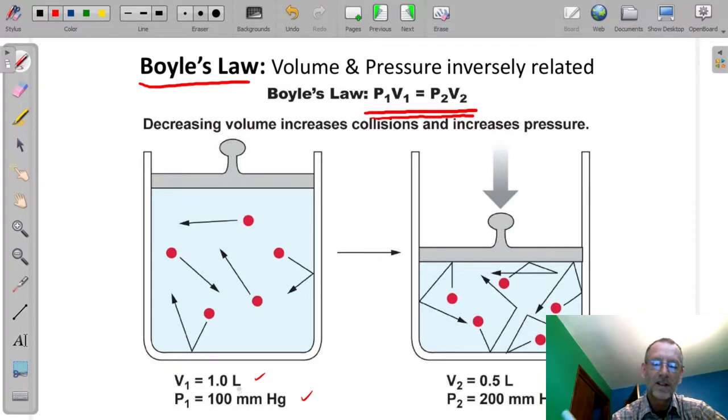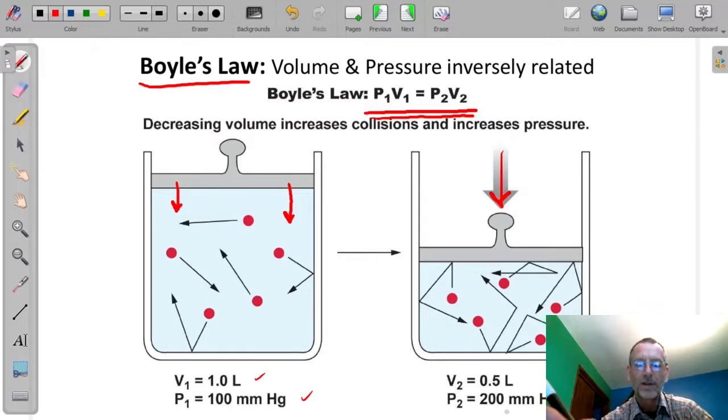And if you reduce the volume, this is a plunger in the little cylinder, and if you depress the plunger on the right, the plunger has gone down. You've reduced the volume to half of what it originally was, so now we're at half a liter, and the pressure doubled. So it went from 100 to 200.